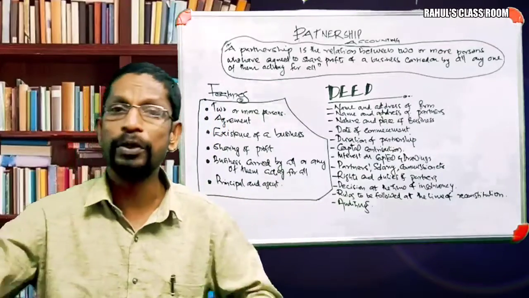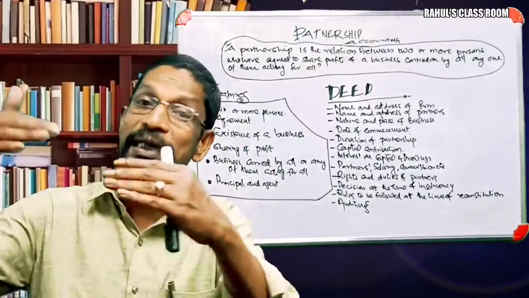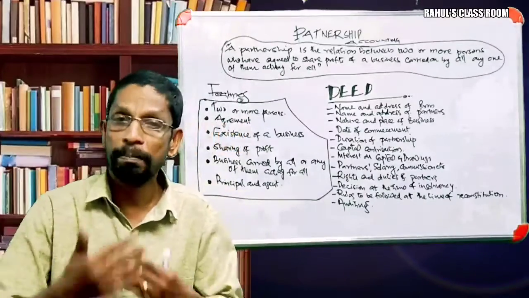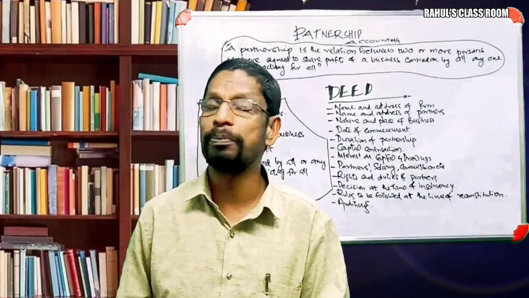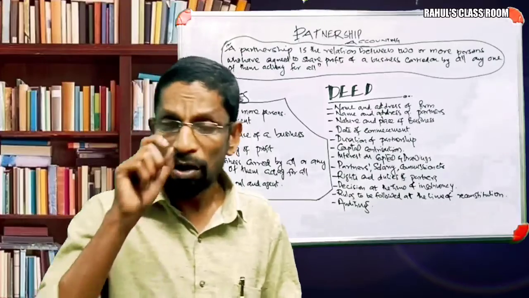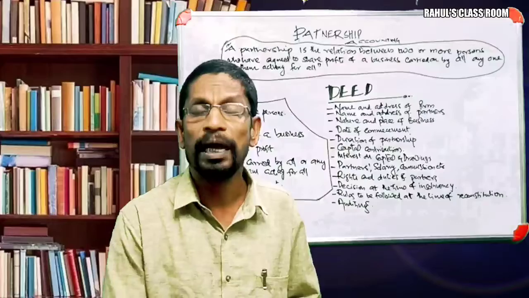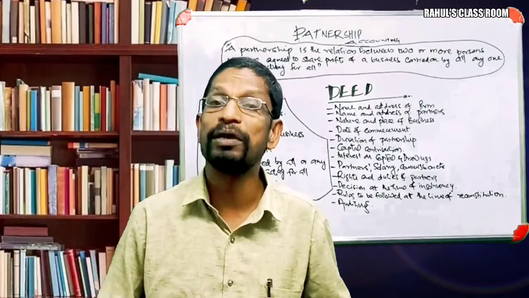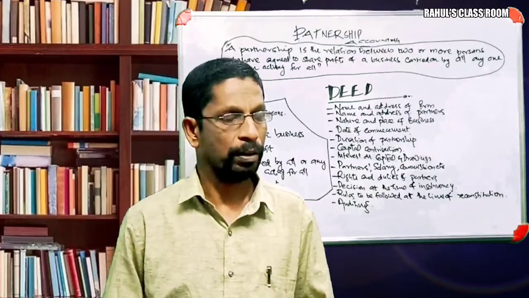But now, as per the new revision in the Companies Act, the number of members is increased up to 50. So, for starting a business concern, how many members are required? At least two members are required for starting a partnership organization.